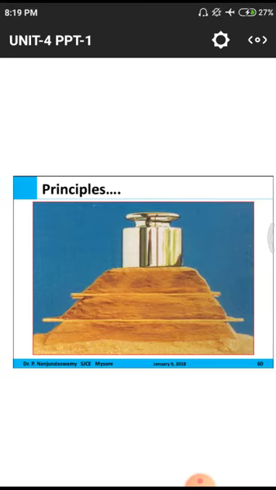After densification, that means layer by layer compaction and a small introduction of geosynthetics on the soil layer, the structure gets some shape. Due to this shape, we get some strength in the soil mass. On top of the structure there is some weight, and due to this weight also we get some stability in the structure.